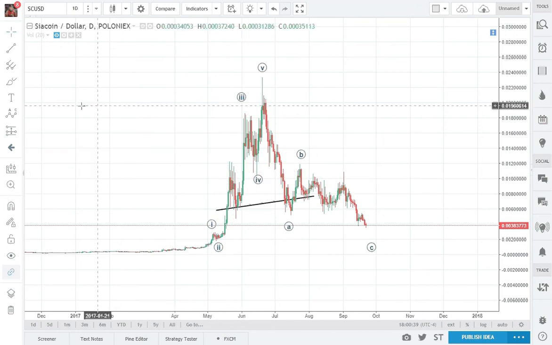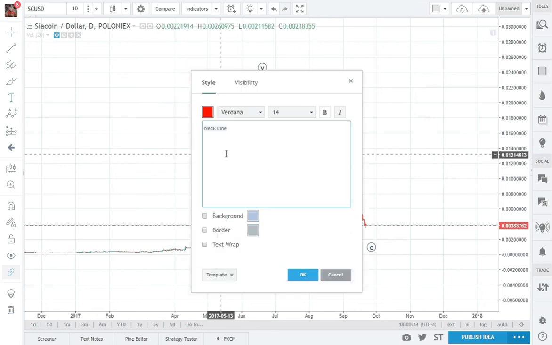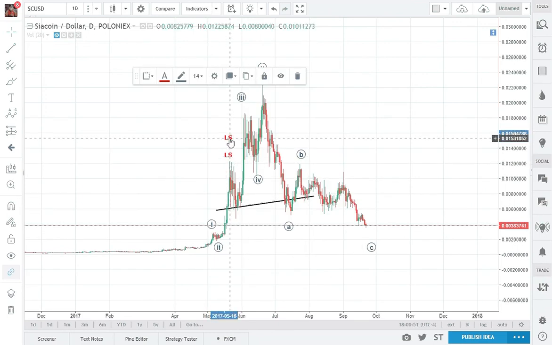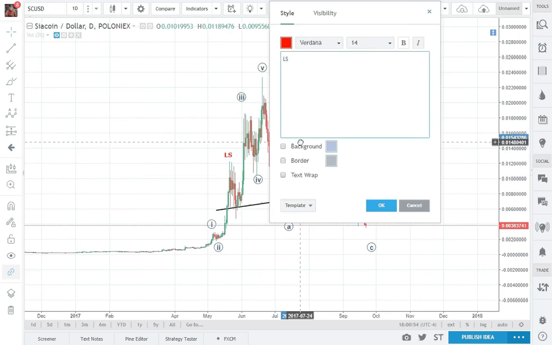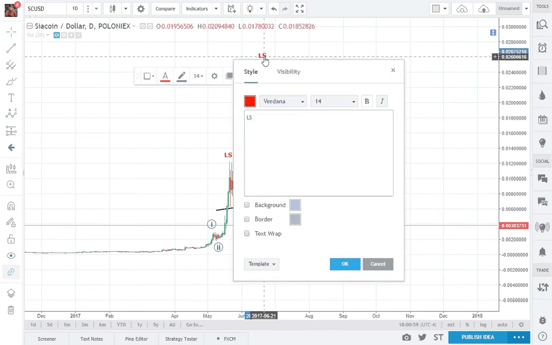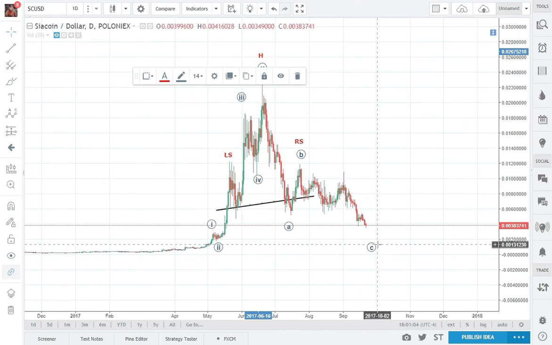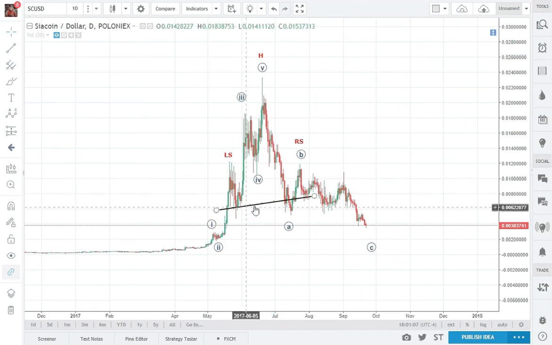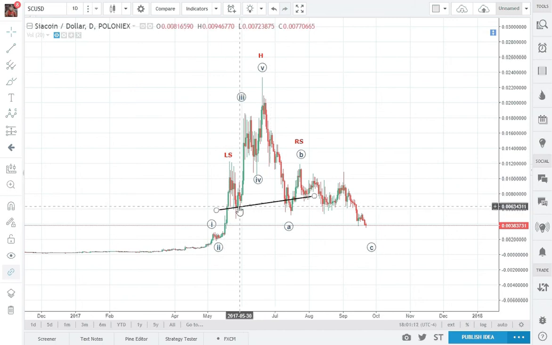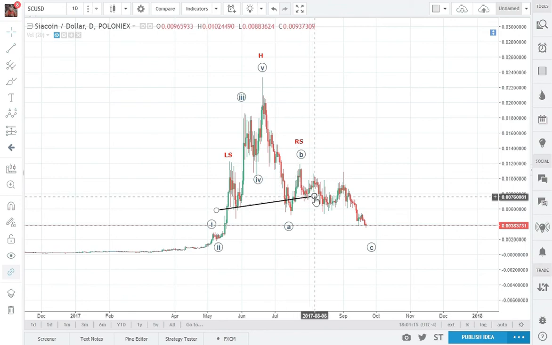Let's go back to this head and shoulders. LS for left shoulder, RS for right shoulder, H for the head, and this line that connects the bottoms of the left shoulder, head, and the right shoulder is called a neckline.